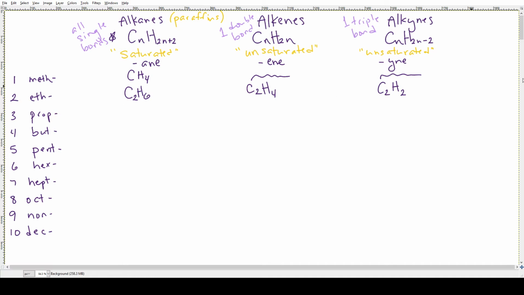So what you could do right now if you want is pause the video and fill in the rest of this chart, then come back and see if what you've got matches what I've got. I'm going to quickly fill these in. Here we go. C3H8, C4H10, C5H12, C6H14, C7H16, C8H18, C9H20.